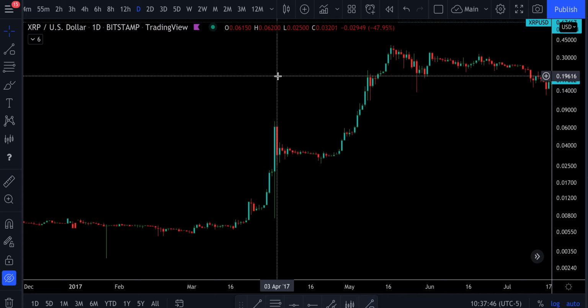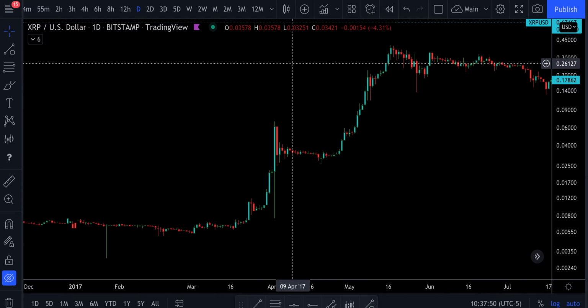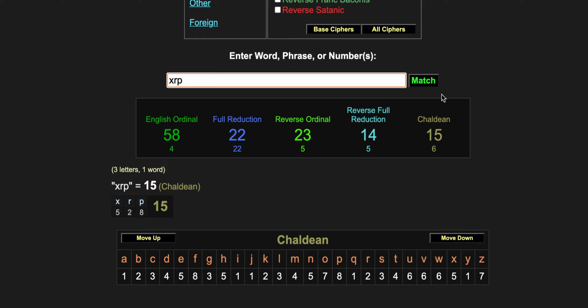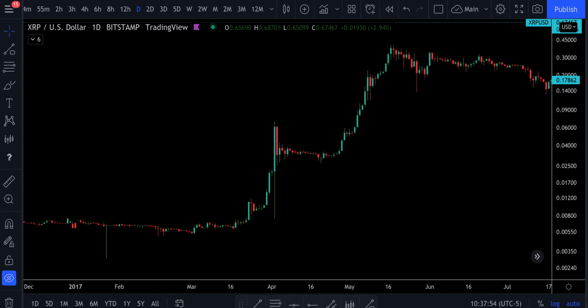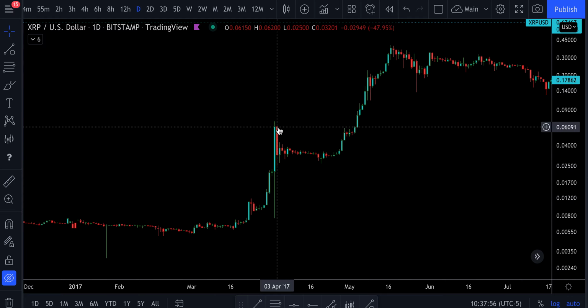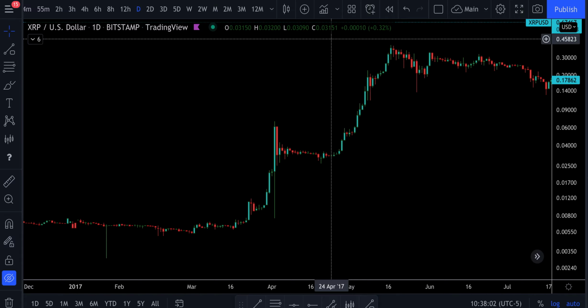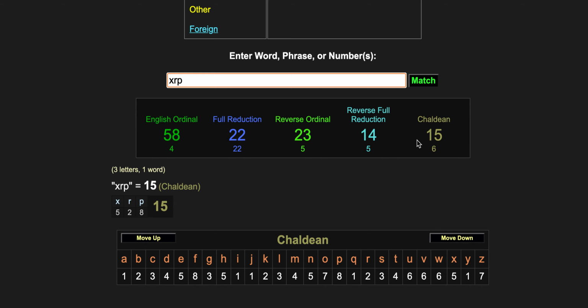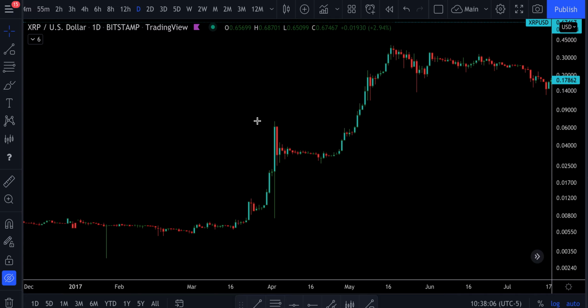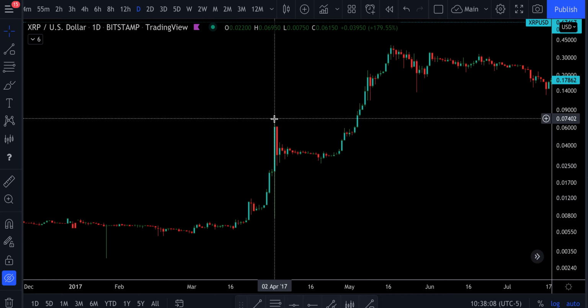It was down 47%. 47 is the 15th prime number. Again, 15 in Chaldean. So on the 4/3 date, which is the 14th prime, it went down 47%, which is the 15th prime. And we have 14 and 15 right next to each other for XRP. This being exactly after the day that there was a huge pump in the price.